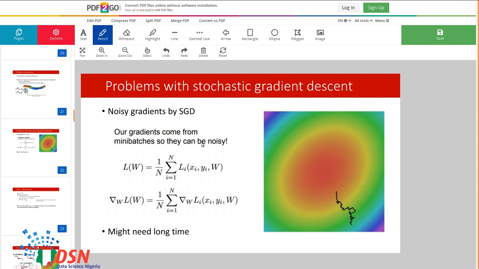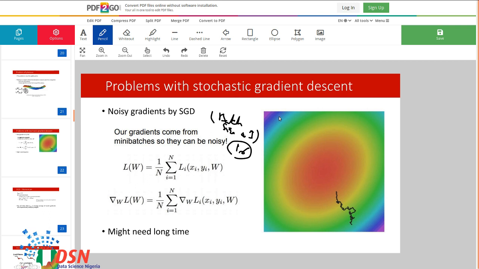And also, in stochastic gradient descent with batch size equal to 1, or small batch sizes like 16, the gradients are noisy. Why?